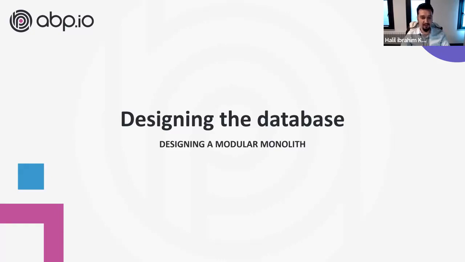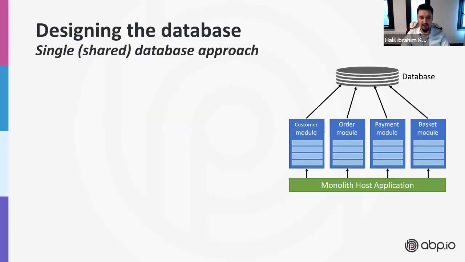Then we talk about the database approach. There can be different database design approaches. The first approach can be creating a single database in the first days because, as I said before, we are starting monolith first and we may not know all the rules and all the database structure on the first day.